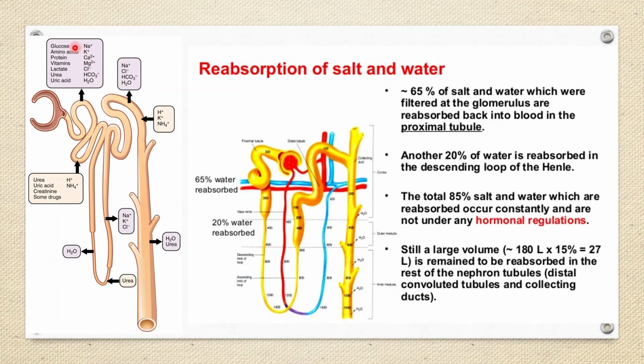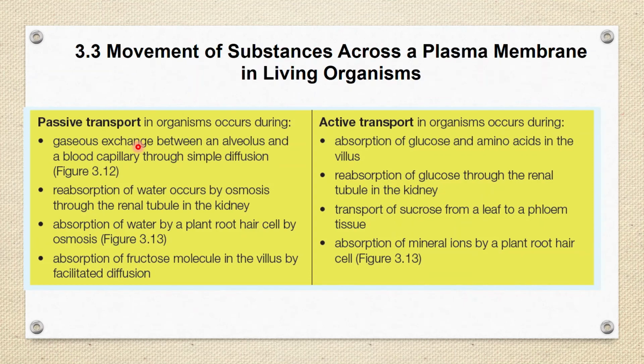So glucose is reabsorbed from the tubule to the surrounding blood capillaries by means of active transport, in certain conditions where it has to travel against the concentration gradient. Another one is transport of sucrose from a leaf to a phloem tissue. Sucrose from the leaf to a phloem tissue.